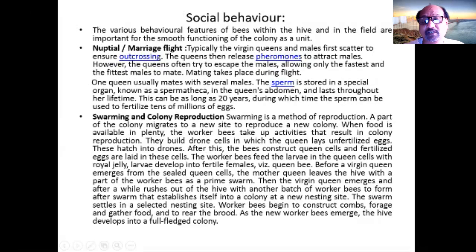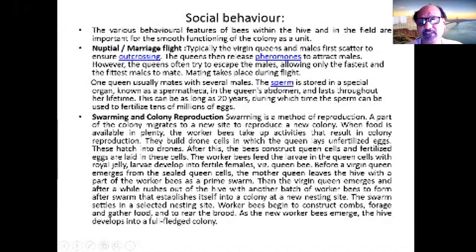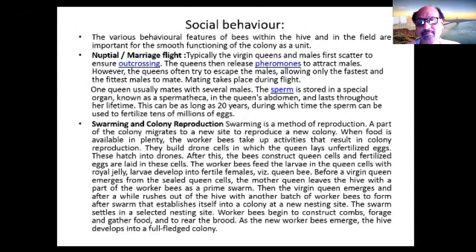After this, the bees construct the queen cells and fertilized eggs are laid in these cells. The worker bees feed the larvae in the queen cells with royal jelly. Larvae develop into fertile females, and the queen bee develops.